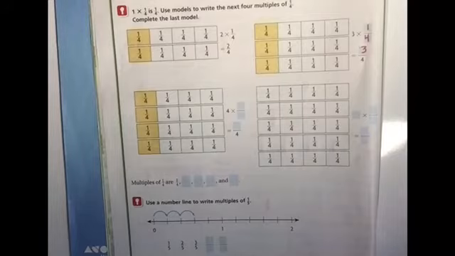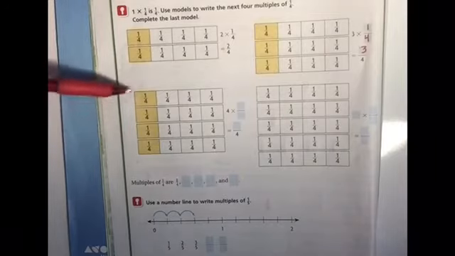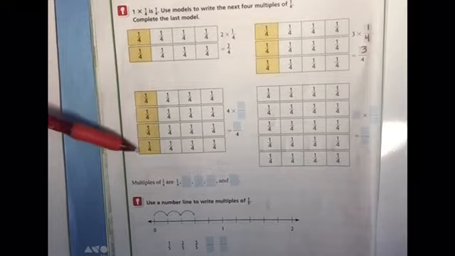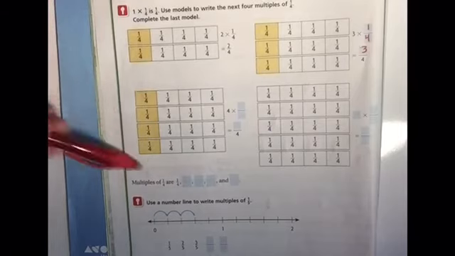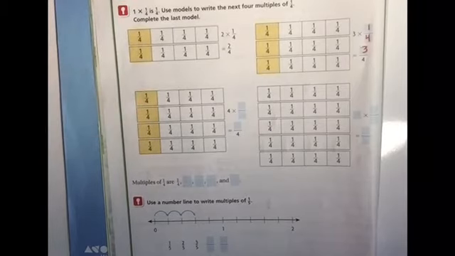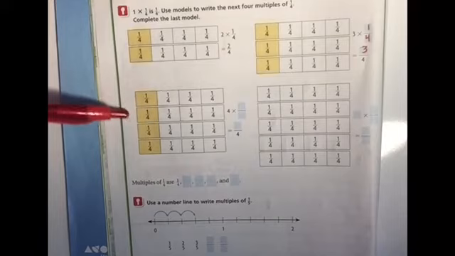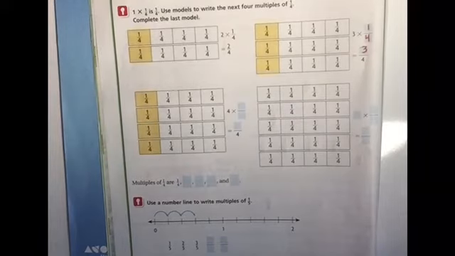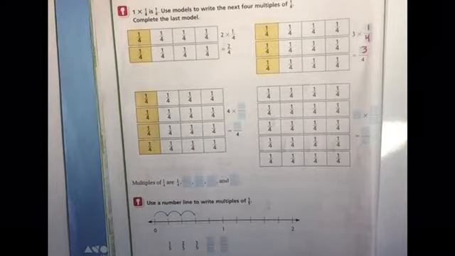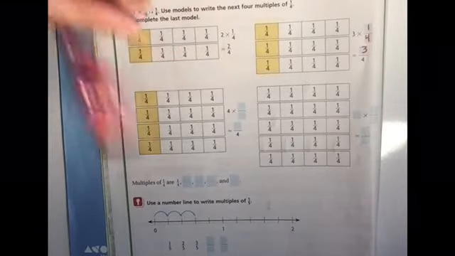Looking at the next problem, I notice they have highlighted 1/4, 1/4, 1/4, and 1/4 out of 4/4. So I'm like, oh my goodness, they must be looking at 1, 2, 3, 4, 4/4: 1/4 plus 1/4 plus 1/4 plus 1/4. Again, what do I know about that? So it's 4 times 1/4.